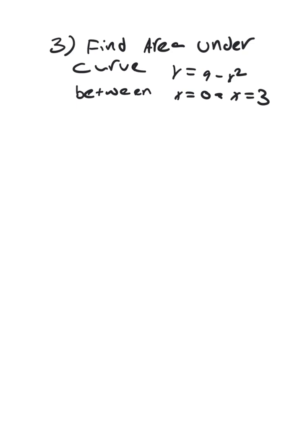So, to find the area, we have to use integration. So A equals the integral from 0 to 3 of 9 minus x squared dx.